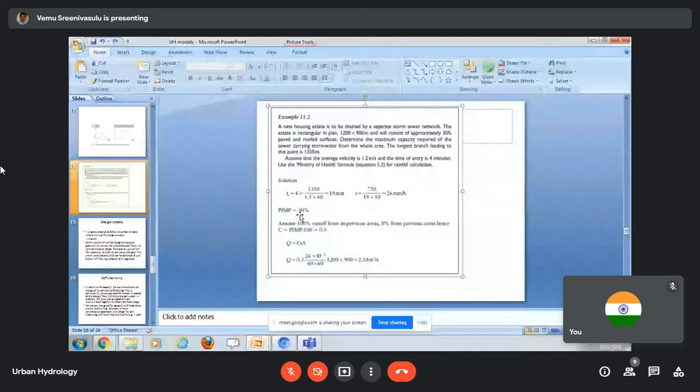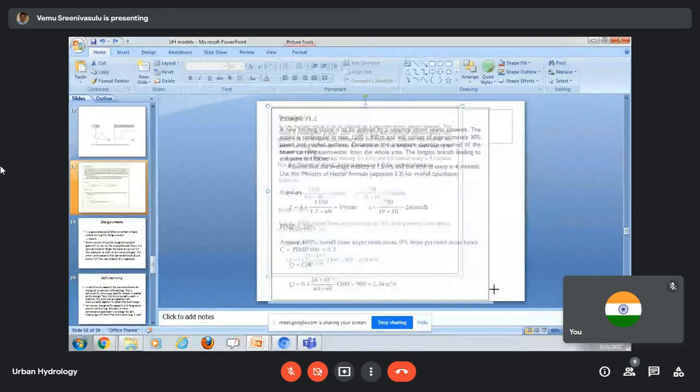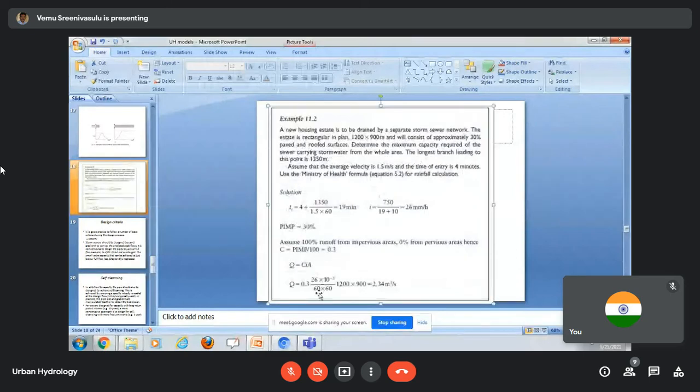Okay, so the paved percentage is given as 30%, therefore C is equal to 0.3, right?